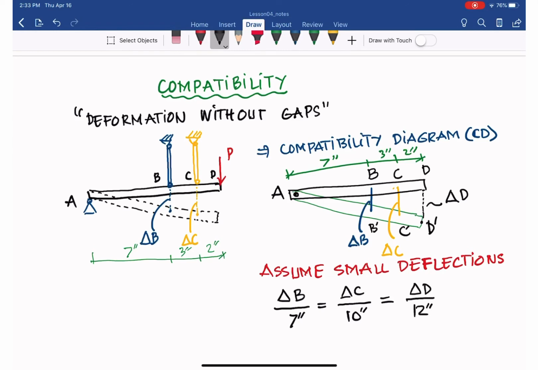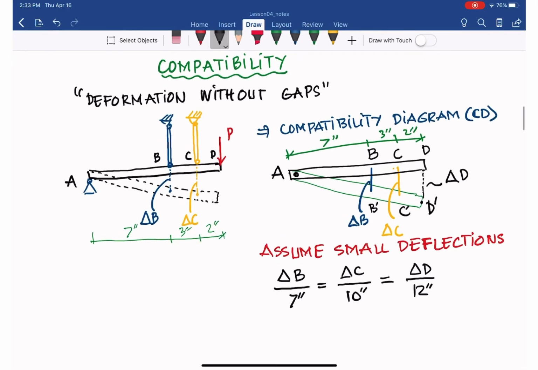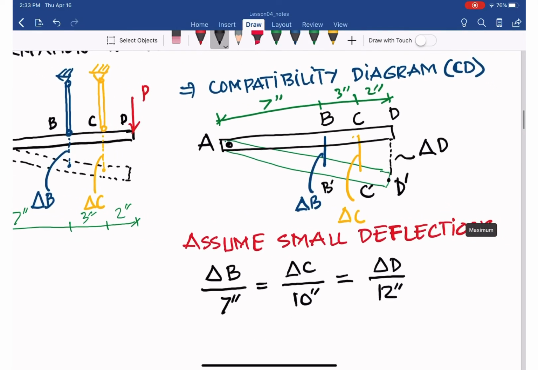So that is basically an equation that you have from the compatibility diagram.